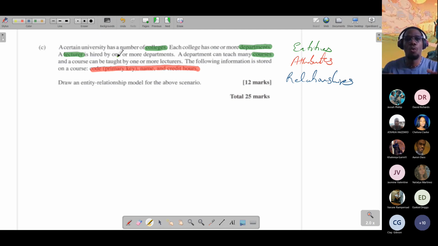The university wants to keep information on these specific entities. If you have an entity that there will only ever be one tuple for, then chances are that the system does not need to keep information about that.